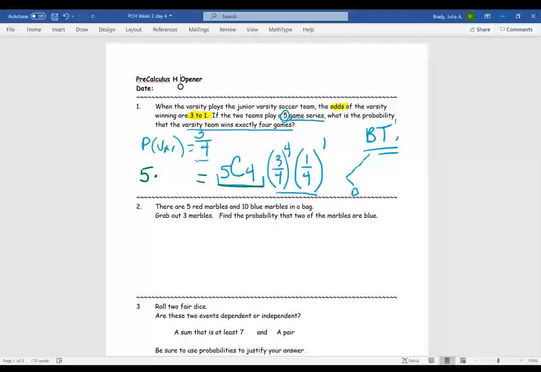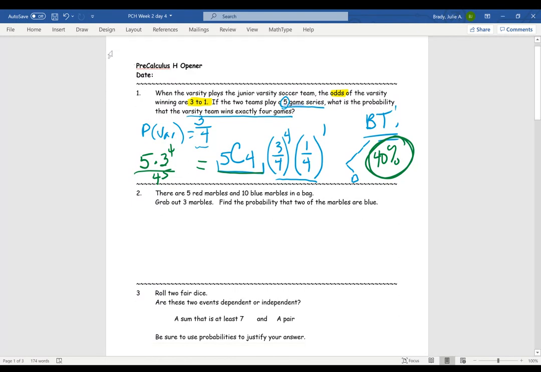And then if we think about those fractions, I would have 3 to the 4th, and I would have 1/4 once. You guys type it in your calculator, but I get that that's about 40%.